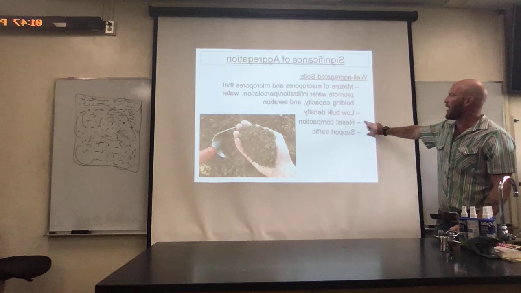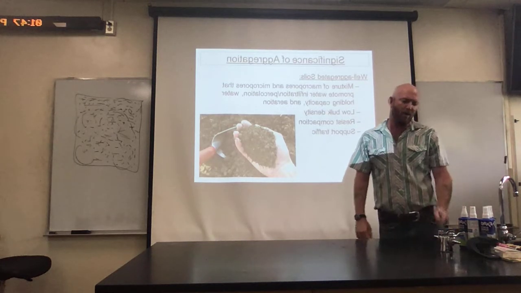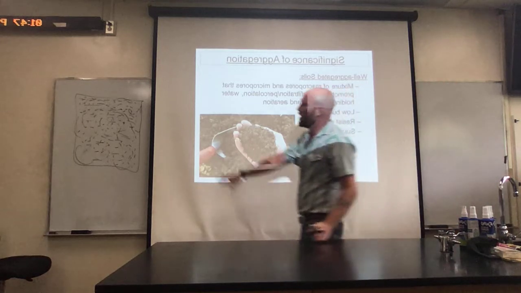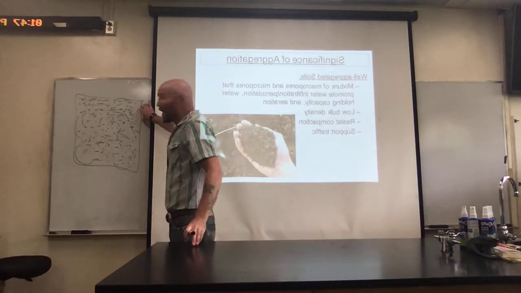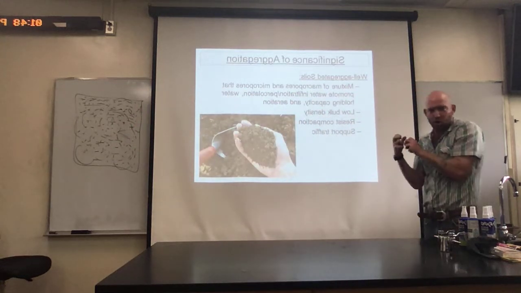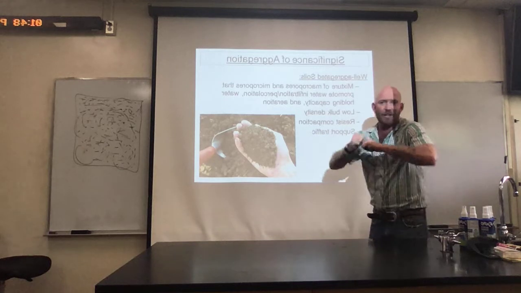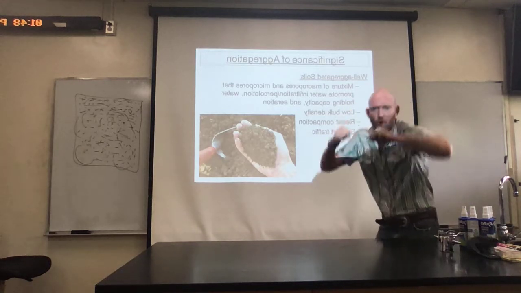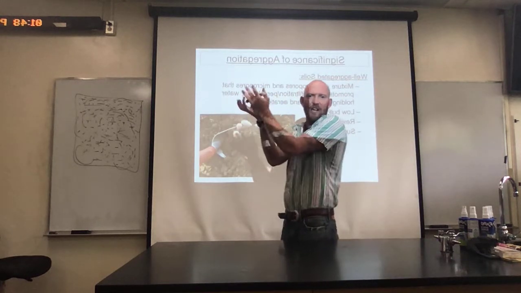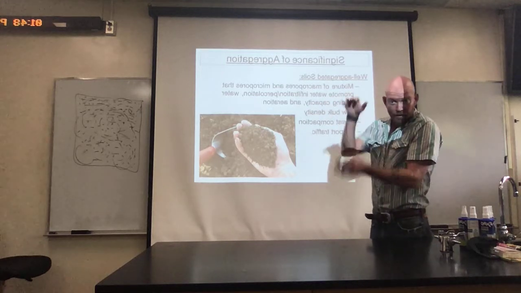Also, resists compaction and supports traffic. Those go pretty well hand in hand. So when we have nice aggregation and nice good macro and micro pore space, okay, then we're resisting compaction because those macro pores are still holding up and butting up against each other really bluntly, and that macro pore space is resilient, right, to compaction.